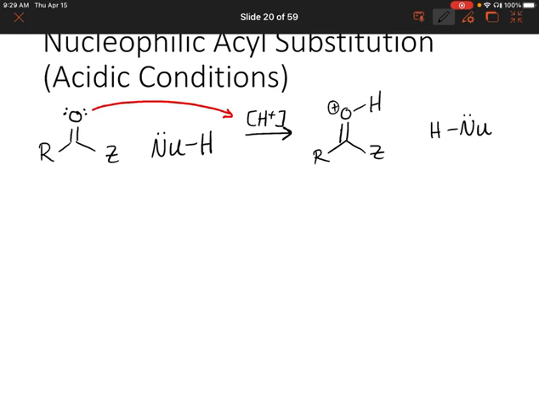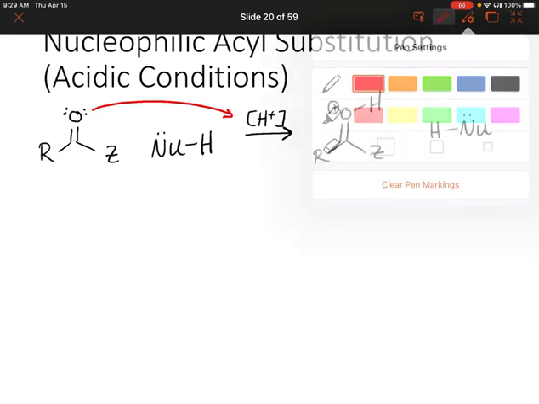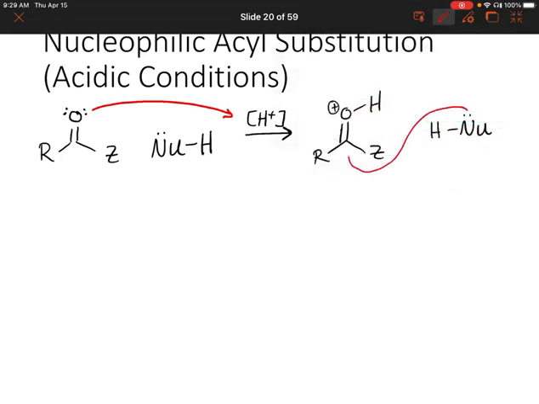Okay, so now our nucleophile will come in and attack the carbonyl carbon. We'll move electrons up to oxygen. And that's going to create our tetrahedral intermediate. Now this time our intermediate will look a little bit different since we're under acidic conditions.